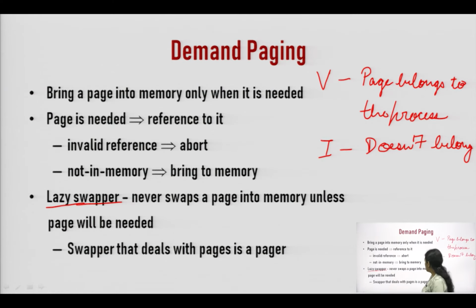Here we are talking about pages rather than a process, so rather than using the term swapper, we will use the term pager. That means a pager is a module that swaps in or out the pages as per the requirement. If a page is required, it will be brought in, otherwise not.